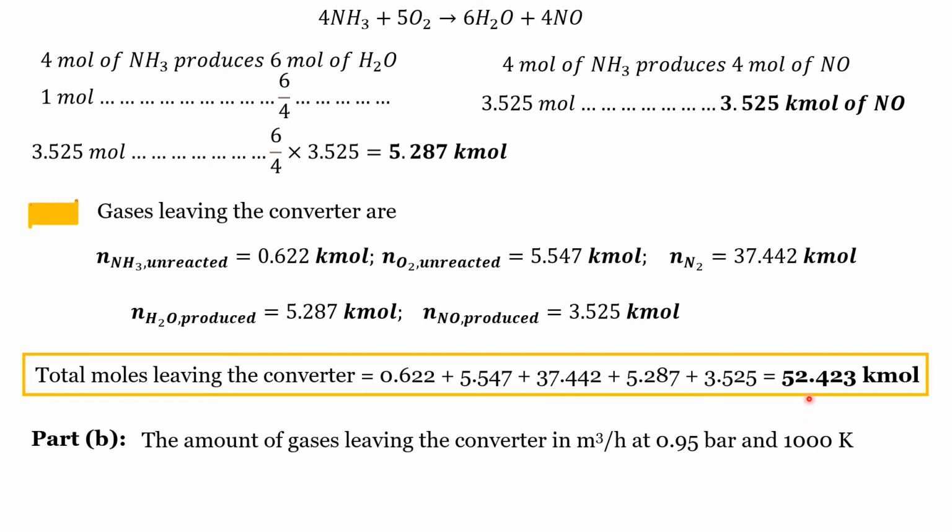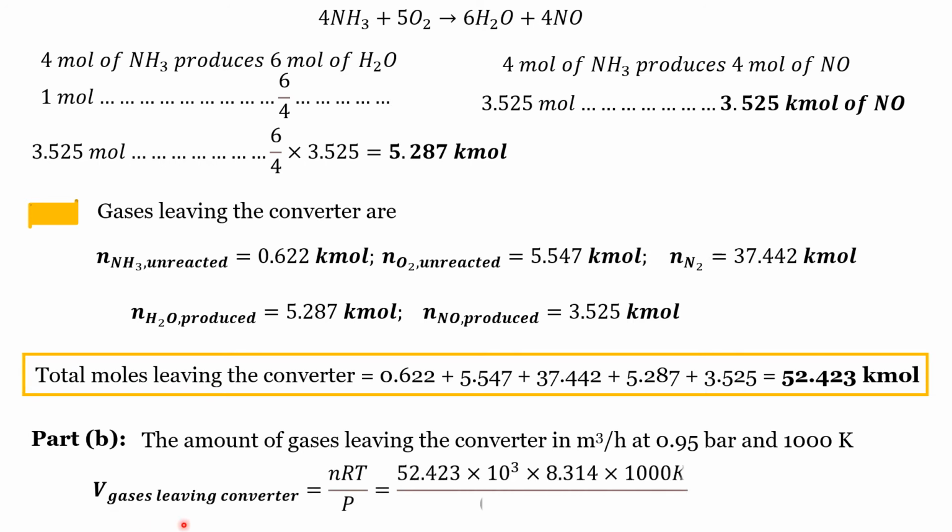So number of moles of total gas leaving the converter is known, pressure is given, temperature is given. So using ideal gas equation, we can find out the volume of gases leaving.